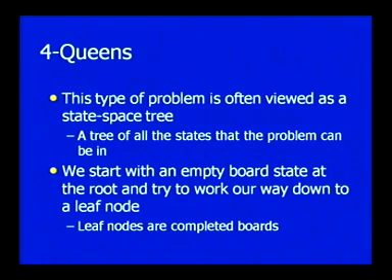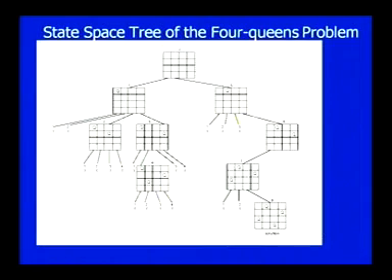Now we are going to automate this. We are going to view this problem as a state space tree. We start with an empty board at the root. Whenever we place a queen, it becomes a new node.